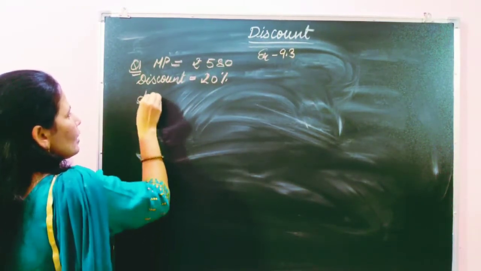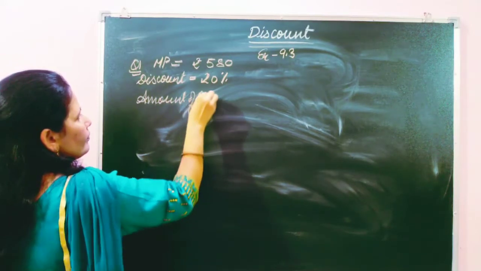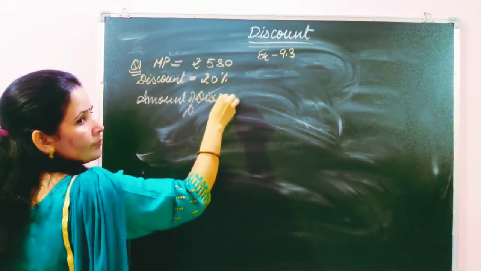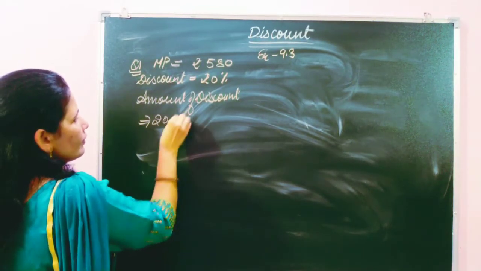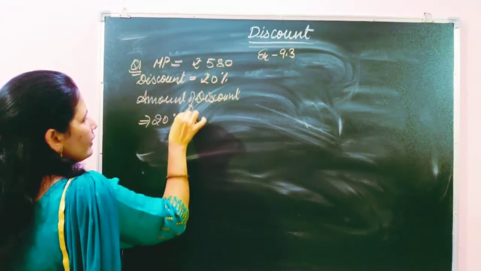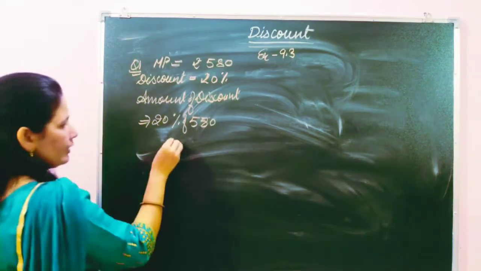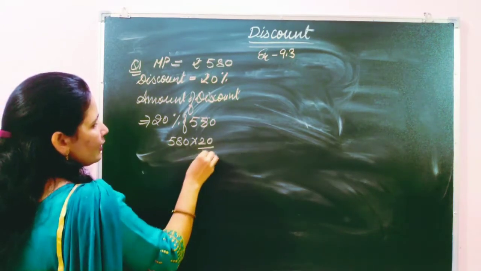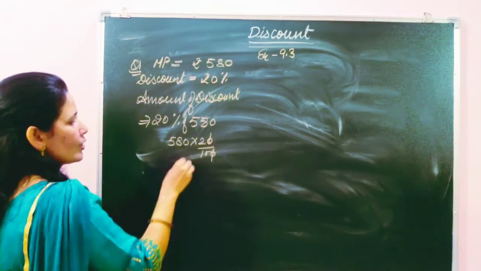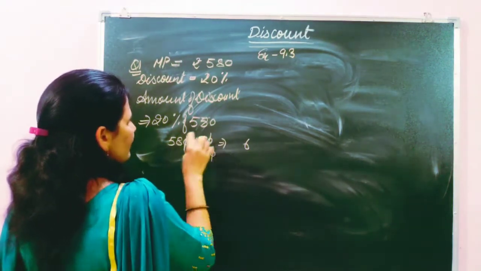So the amount of discount means 20% of 580. So 20% of 580 means 580 multiplied by 20 and divided by 100. 10 cancels by 10. So 8 times 2 is 16, and 5 times 2 is 10, plus 1 is 11.